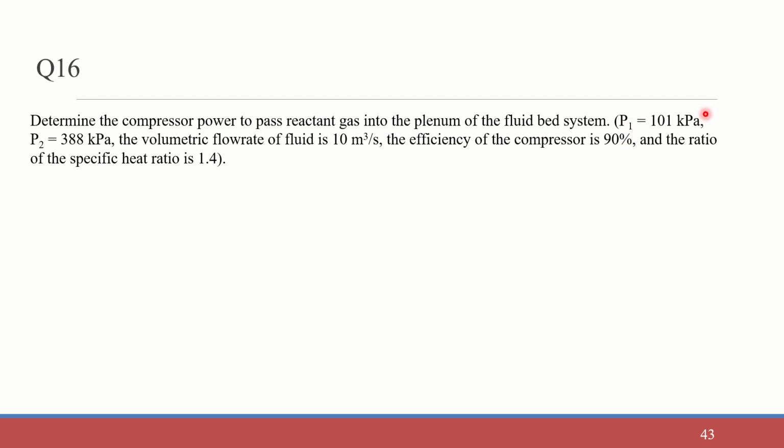P1 is equal to 101 kilopascal and P2 is equal to 388 kilopascal. Volumetric flow rate of fluid is 10 meter cube per second. Efficiency of the compressor is 90% and the ratio of specific heat capacities, gamma, is 1.4.